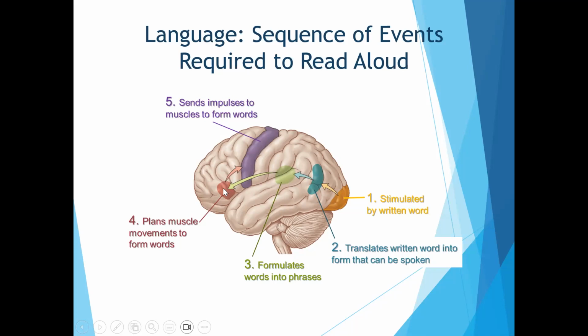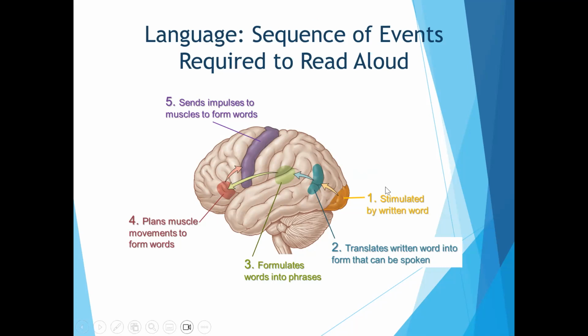That's where we plan our mouth and muscle movements to form that word or phrase that we just decided we can say. Once we make that plan in Broca's area, it goes to the precentral gyrus, which then tells the muscles how to talk, or what shapes to make for the words and phrases that we want.